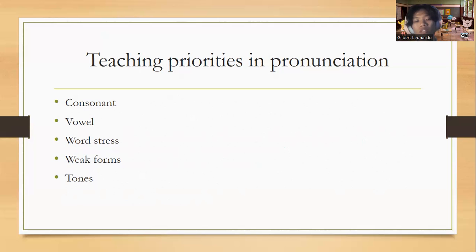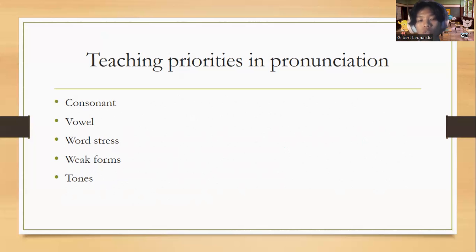Word stress is when there's a specific word that you must emphasize so that your listeners can understand what you say, such as saying "saying", you emphasize the first syllable, not the second. So that's how word stress works.